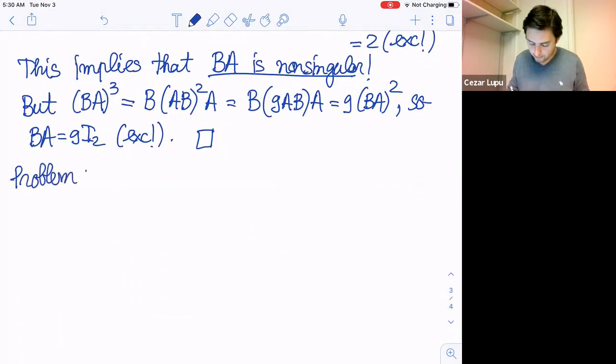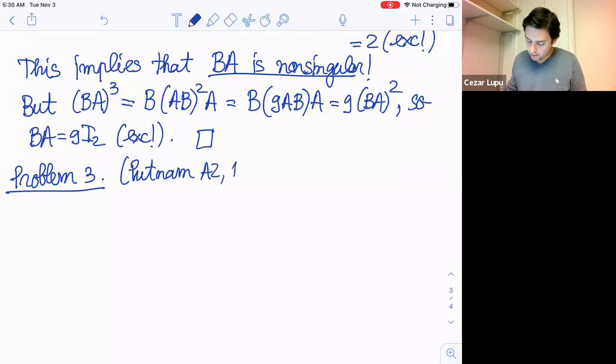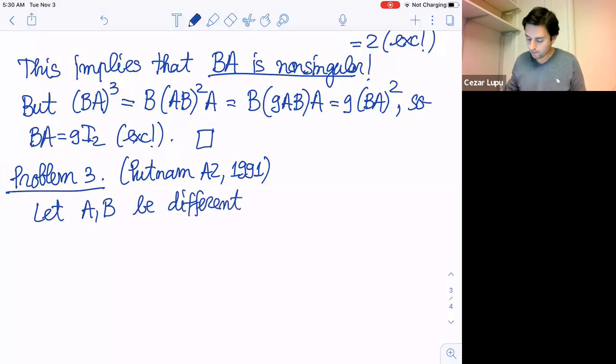Now let's do another one, another simple one. Problem 3. Again, this was a Putnam, I think, Putnam A2 in 1991, which says the following: let A and B be different n by n matrices with real entries.